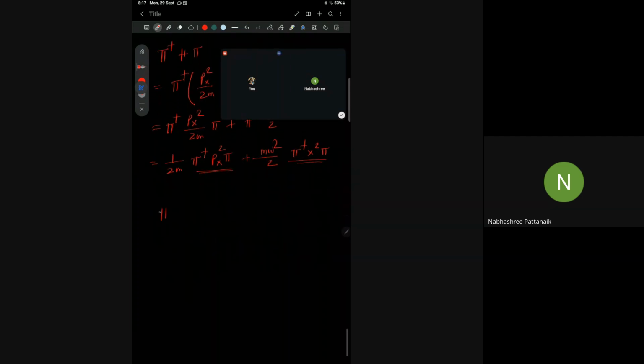Yes. Now what is pi dagger p_x square pi? It is equal to pi dagger p_x into p_x pi, which is equal to pi dagger p_x into identity into p_x pi. Here I can write identity as pi pi dagger.